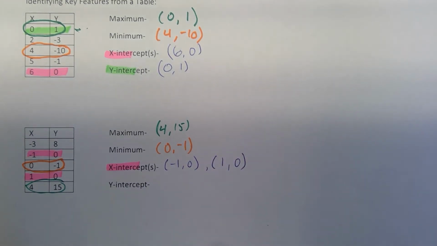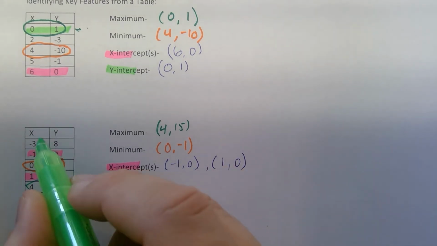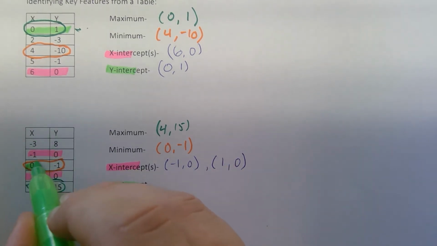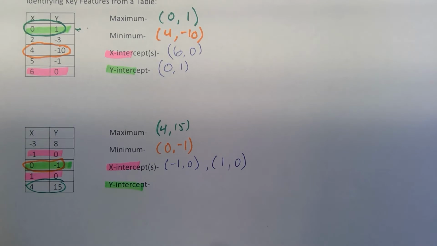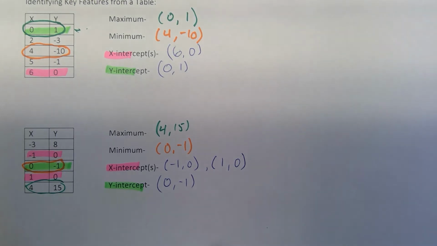We do need to make sure we have 2 x-intercepts if y equals 0 twice. Our y-intercept will only have one. When we look in our x column, there's x equals 0. So 0, negative 1 is going to be our y-intercept. Hopefully that makes sense: identify maximum, minimum, x-intercepts, y-intercepts. Hopefully it's a bit of a review.